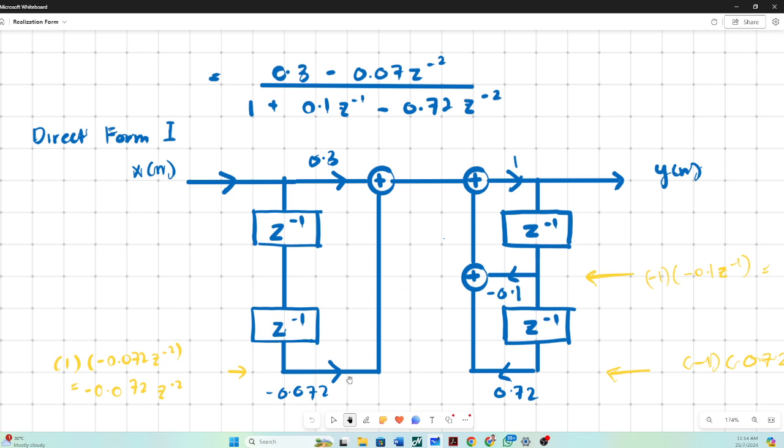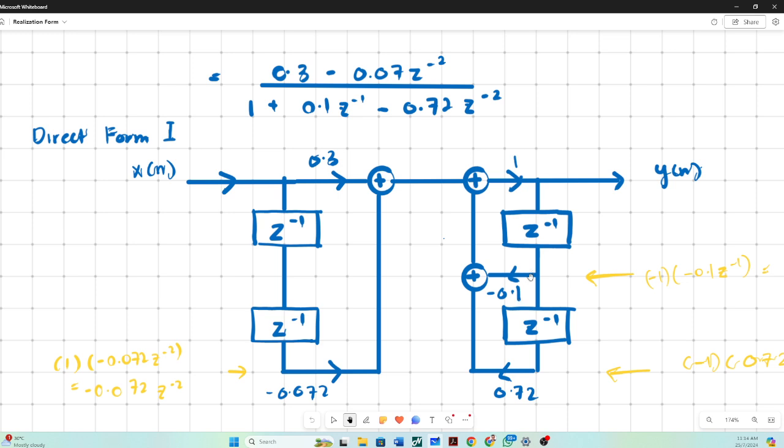X elements. So now we focus on the Y element, the denominator. First, the amplitude is 1 here, with the direction to the right side, meaning positive. And then the second element of Y(z) is plus 0.1 z^-1, so we need one box for delay, and the amplitude is 0.1.